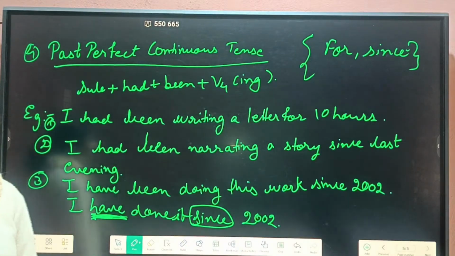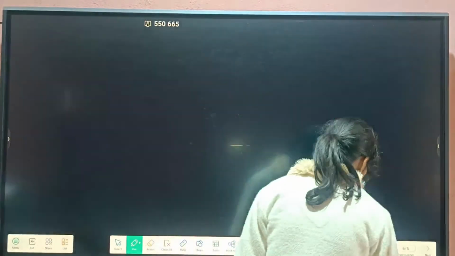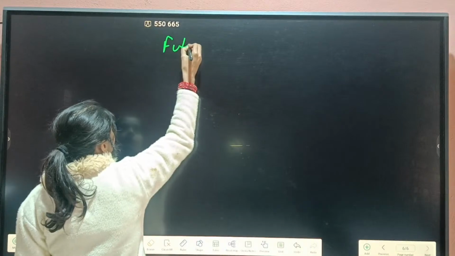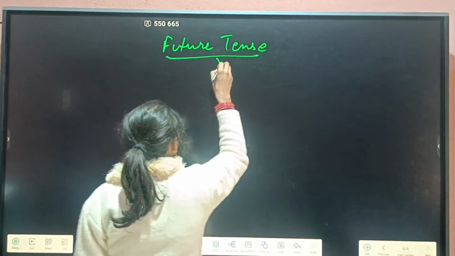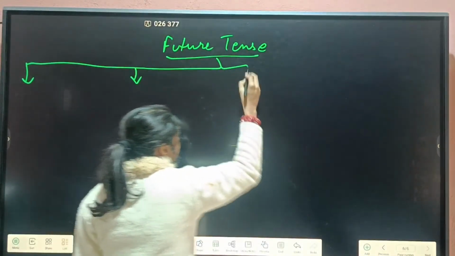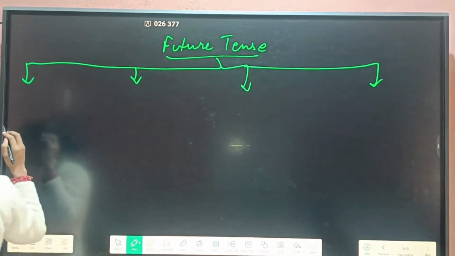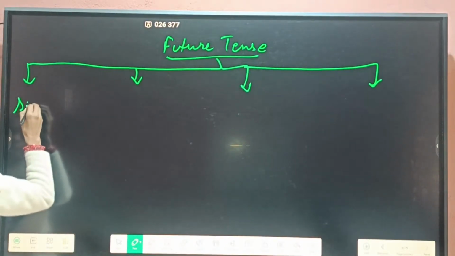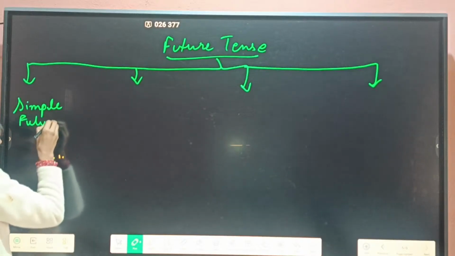So this is all about our past tense, where we have seen 4 types. Now let's start our future tense. After that we will see the revision also. Next we have future tense. Let me draw a flow chart here. First we have simple future tense.